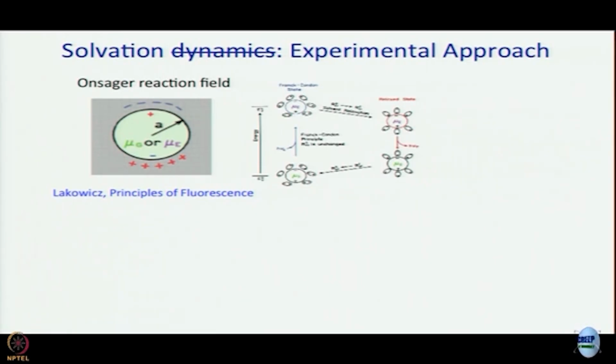What is the concentration of water in water? 55 molar. So, there are millions of solvent molecules compared to like one solute molecule. So, solvent-solvent interaction also contributes very strongly to the energy of this solution.